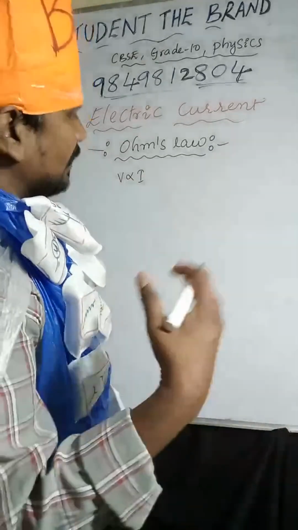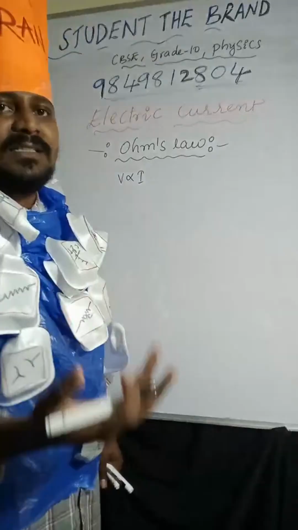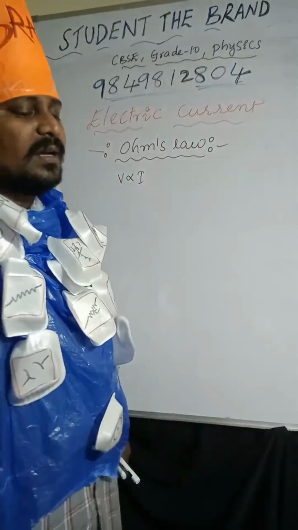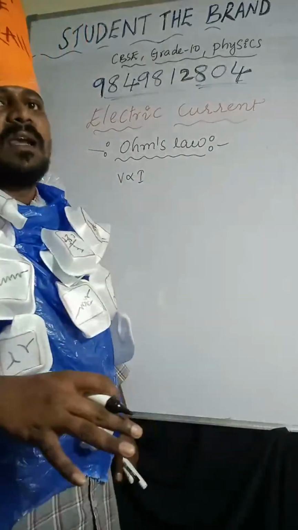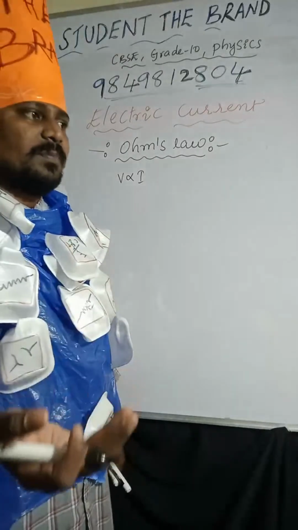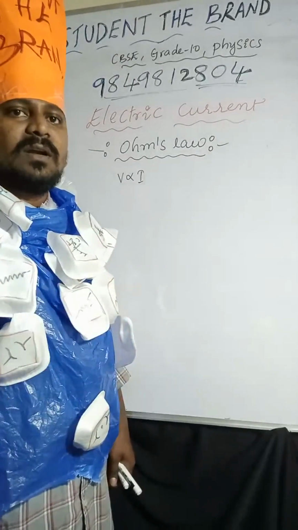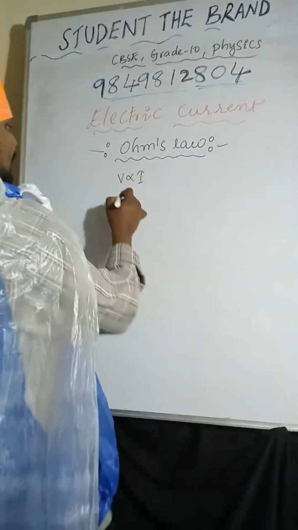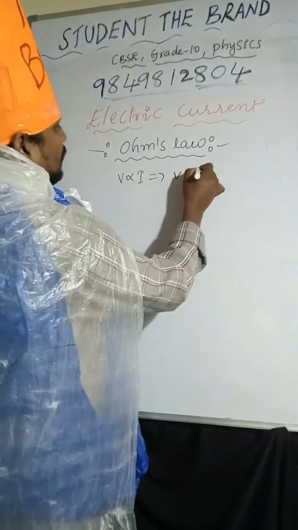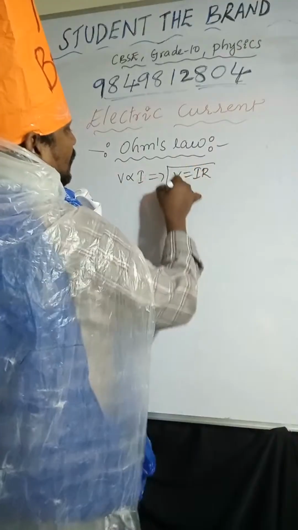Once again, the potential difference across the ends of the given metallic conductor is directly proportional to current flowing through it. V is directly proportional to I. So V equals IR at constant temperature. That is very, very important. V equals IR.